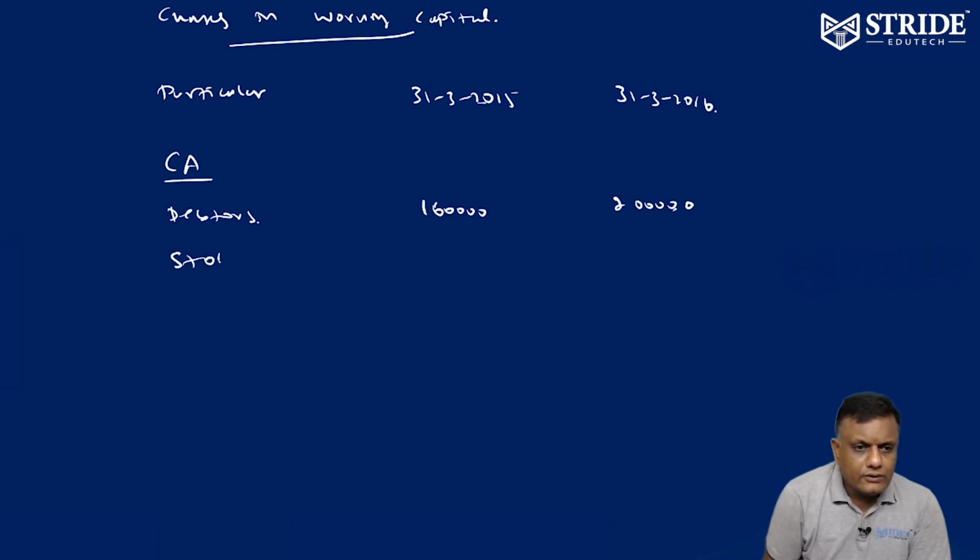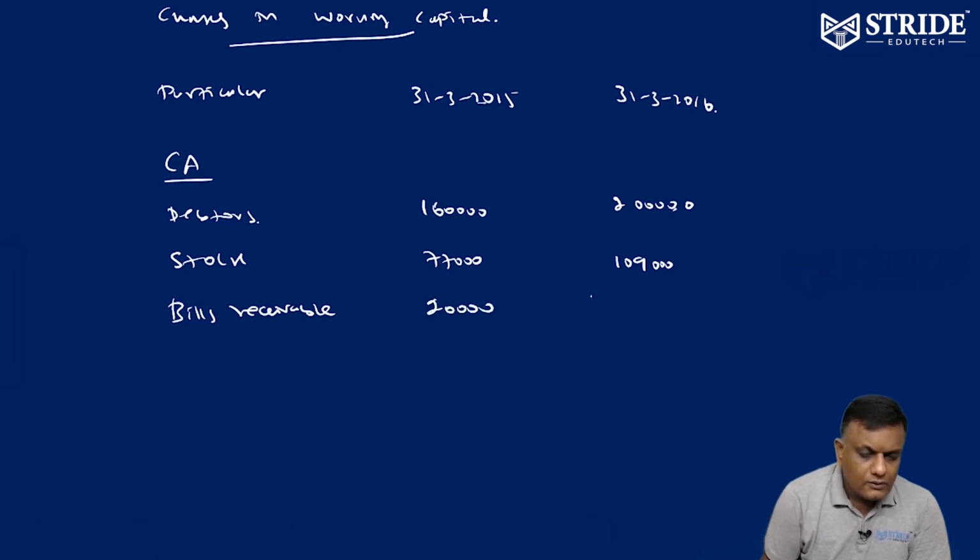Next, stock: opening 77,000, current asset. Stock closing 1,09,000. Next, bills receivable: opening 20,000, closing 30,000, 10,000 increase.